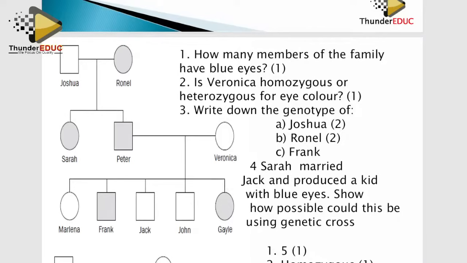My students, listen carefully. We have 4 different pedigrees. Finally, 4 different pedigrees. The first pedigree is autosomal.